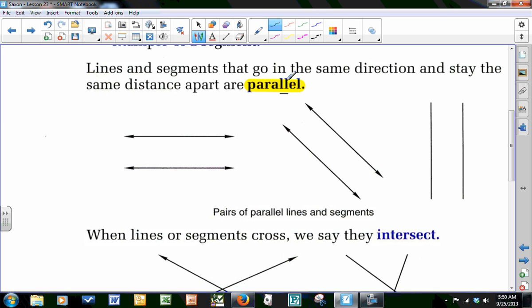Notice how they go in the same direction, but they stay the same distance apart. That's how I remember parallel. And they can go in horizontal directions, oblique directions, vertical directions. It can be lines, it can be segments, but that's parallel.